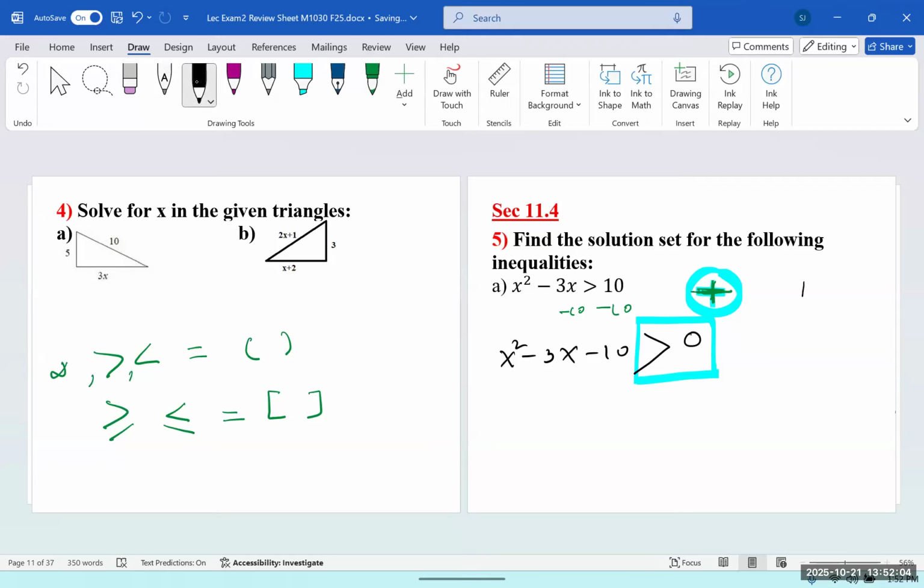So we have a parabola, but in order to draw the parabola, we need to know our x-intercepts. So how do you find the x-intercepts from a quadratic equation? We factor, right?